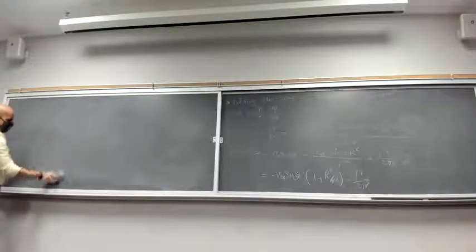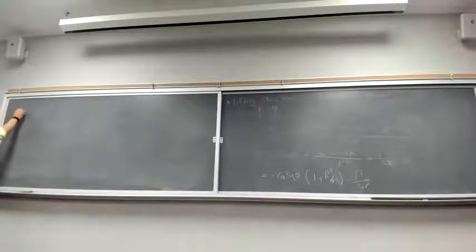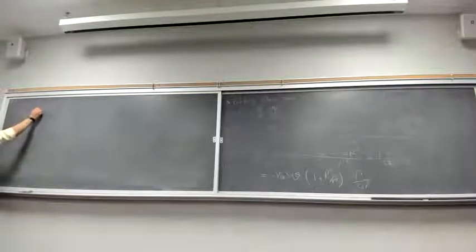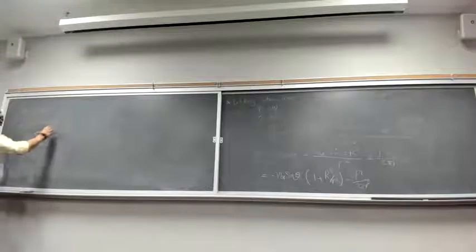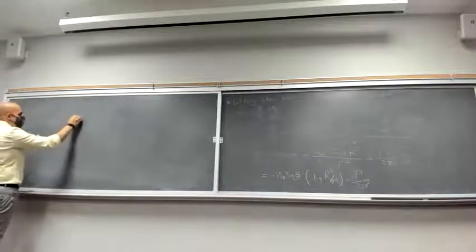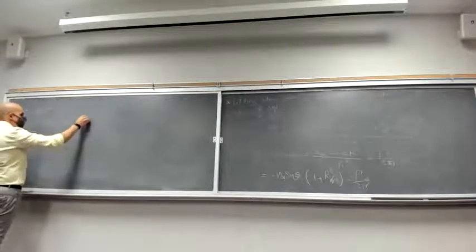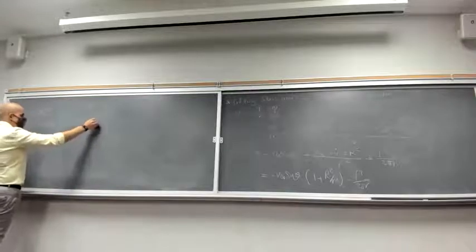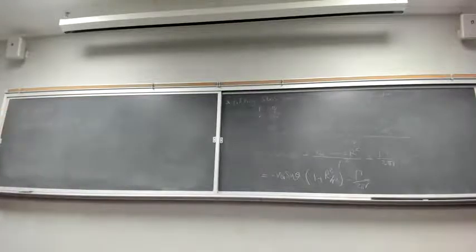Okay. What are the stagnation points? Stagnation points are points at which velocity is 0. So we have V_r equals v infinity cosine of theta times 1 minus R squared divided by r squared, and we want it to be equal to 0, right?